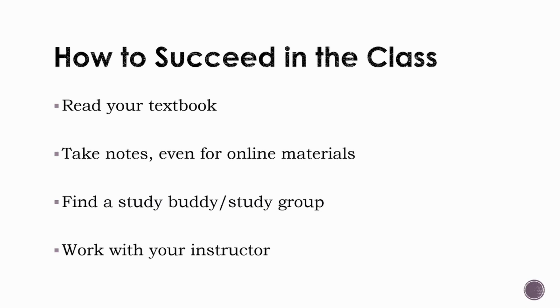I can't read minds. So if there's something going on that's affecting you academically, you want to reach out to your instructor or to some other resource on campus. If you don't know who to reach out to, your instructor is your first line of defense. If they can't help you, then they can direct you to someone who can. Don't ignore your greatest asset in this class.